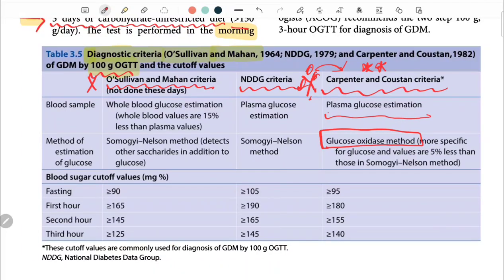So just remember these two: plasma glucose estimation, and the glucose oxidase method.